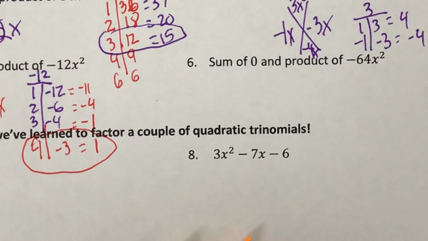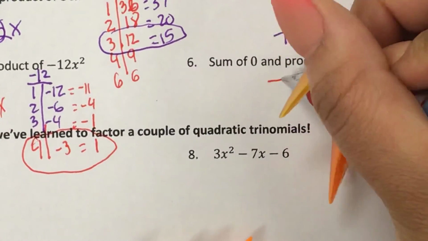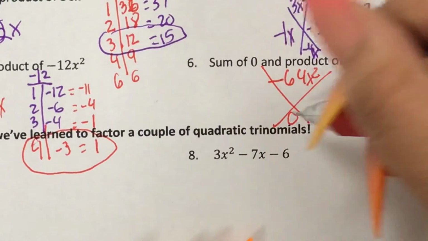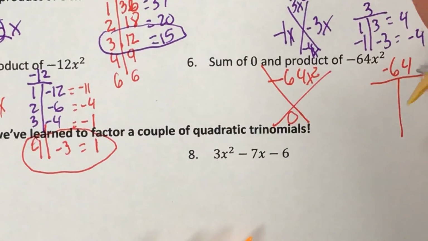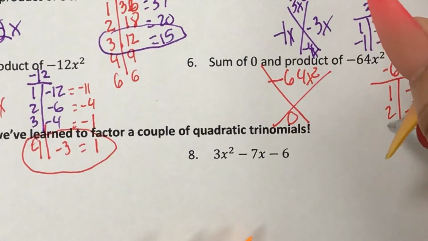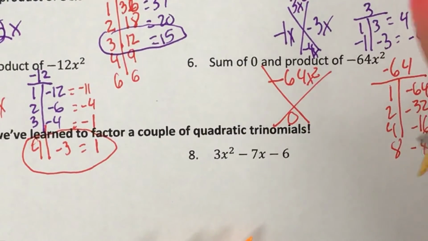Number 6, sum of 0, product of -64x squared. Product of 64 are 1 and -64, 2 and -32, 4 and -16, and 8 and -8.